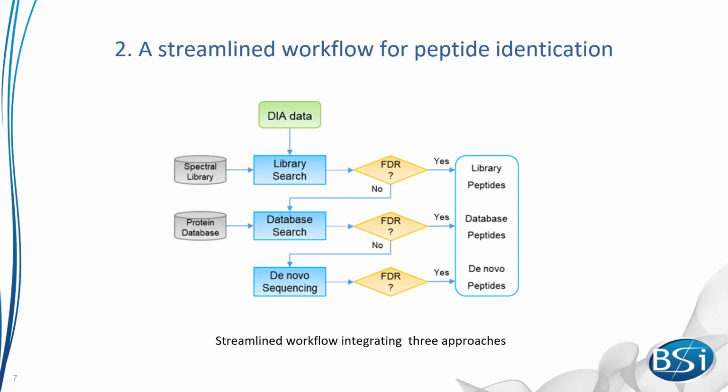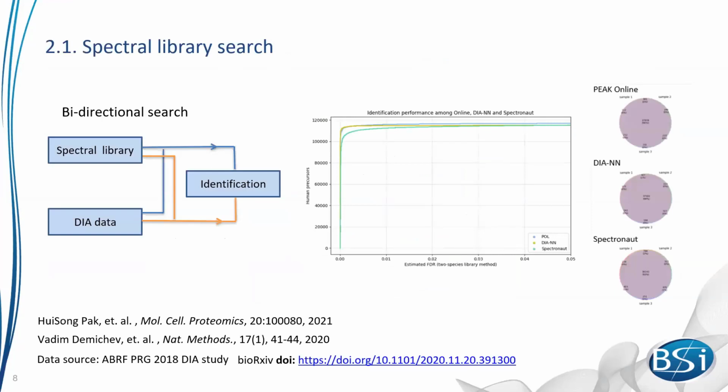How does it work? First, we take a look at the individual module for each function. Here is the spectral library search. We use bidirectional search. What bidirectional means is, given a peptide precursor, we first check if this precursor has any evidence in the data. Also, meanwhile, we use feature detection and prediction.